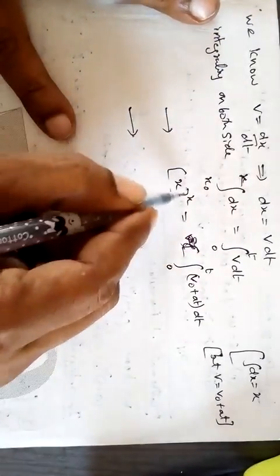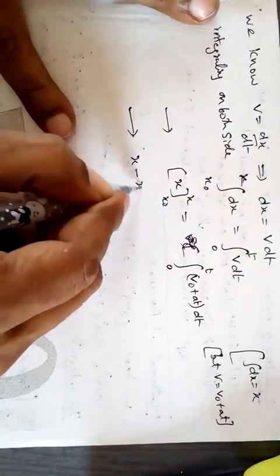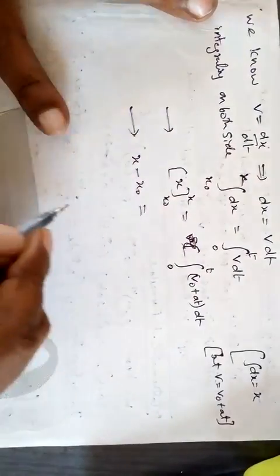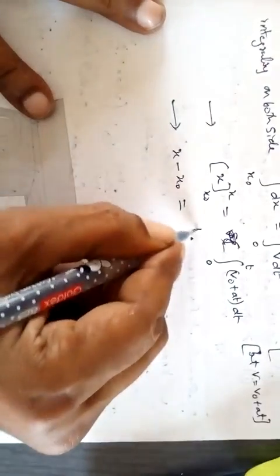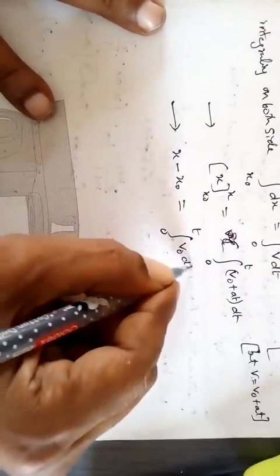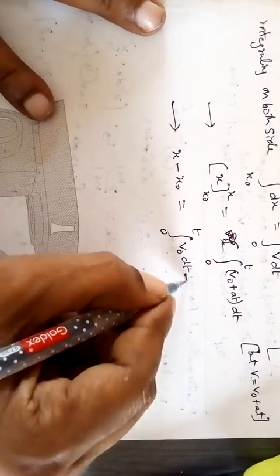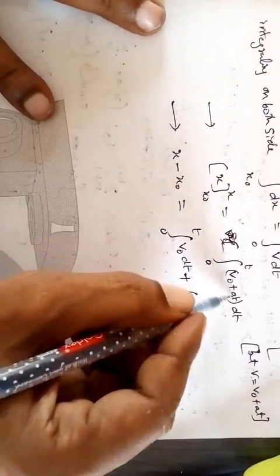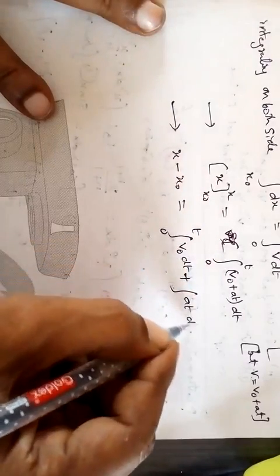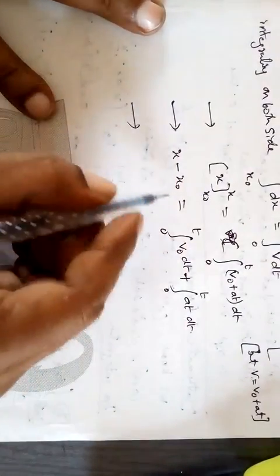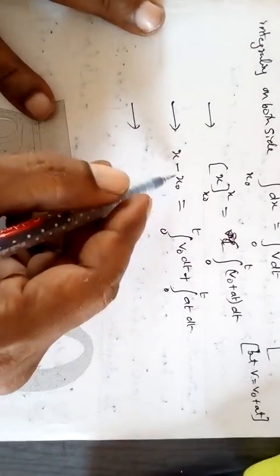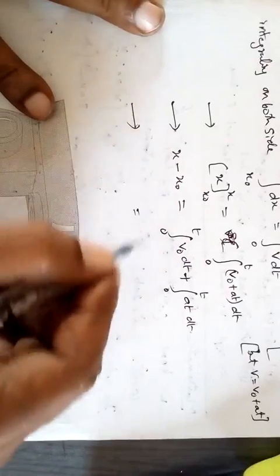This implies upper limit x minus lower limit x0 equals this, which I am writing like this: integral 0 to t of v0 dt plus integral of at dt, limits 0 to t. What is x minus x0? Change in position, so this is displacement only.